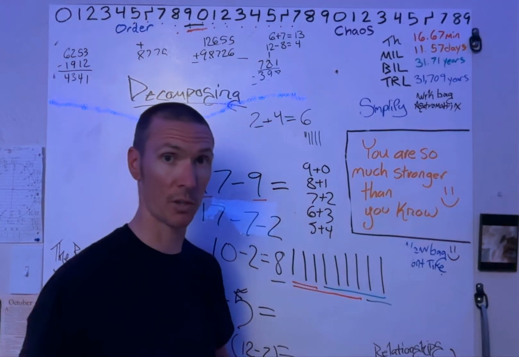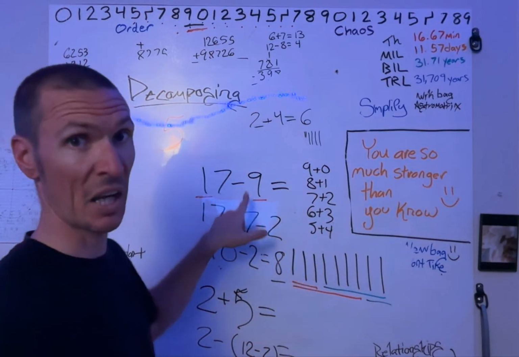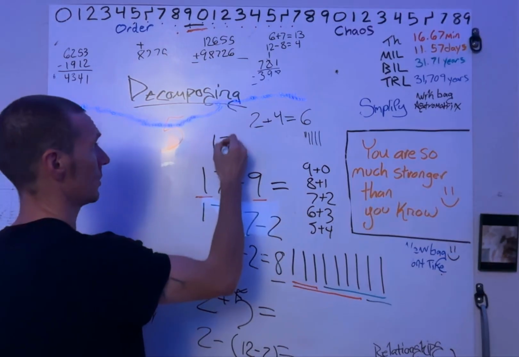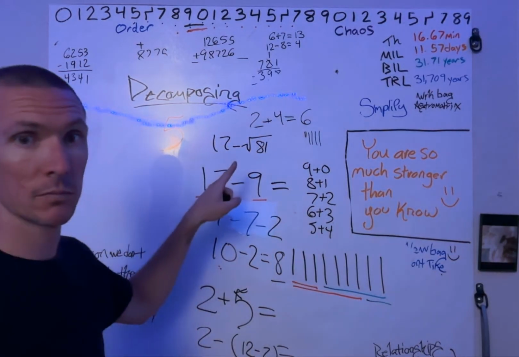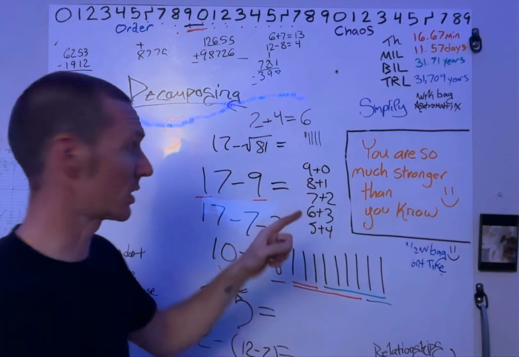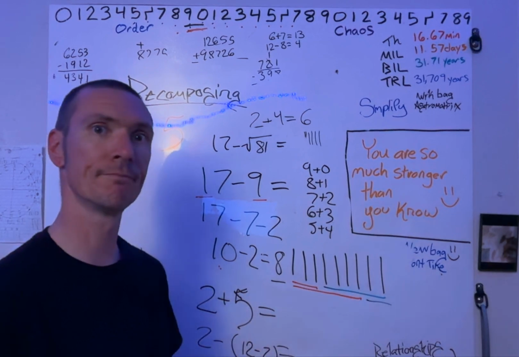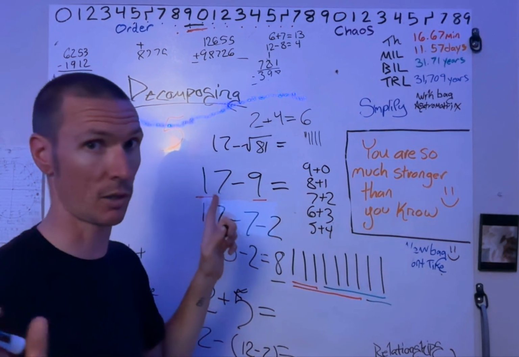You can write 5 however you want. That's all I'm getting at. So you can write 9 however you want. You could write this as 17 minus root 81. 17 minus the square root of 81 is just a different way of writing 9. That's all. So you can represent numbers however you want.